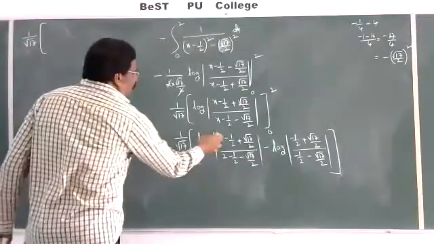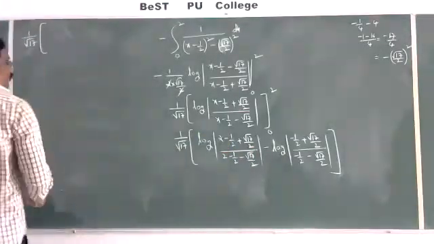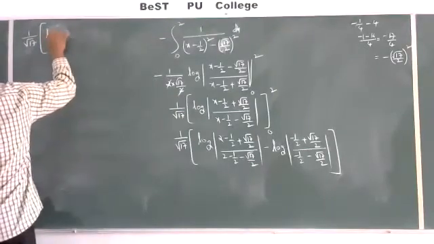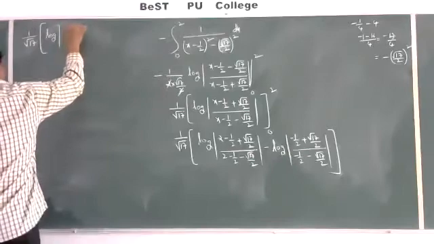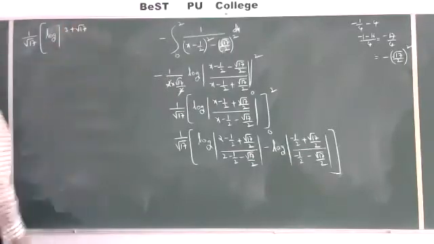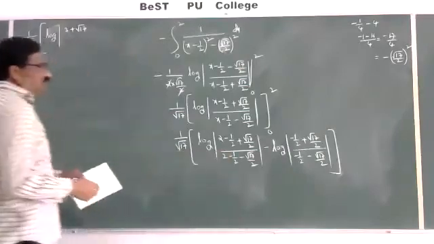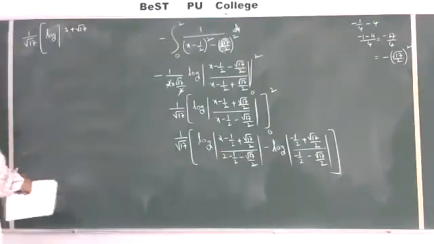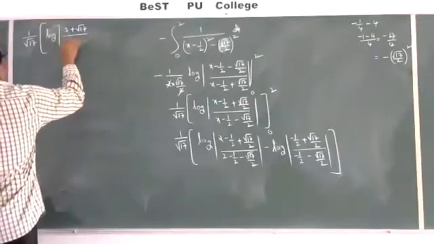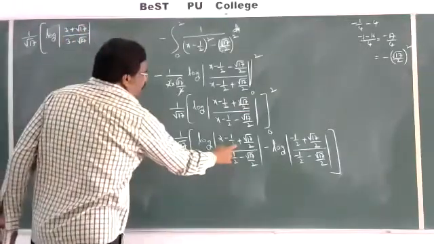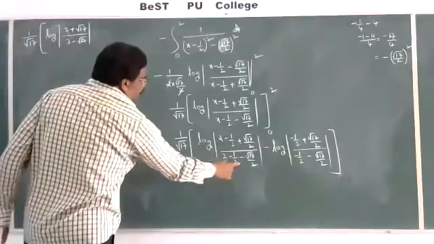That is 4 minus 1 is 3, log of 3 plus root 17 by 4 minus 1, 3 minus root 17. But here in the denominator LCM 2, the 2 cancels.